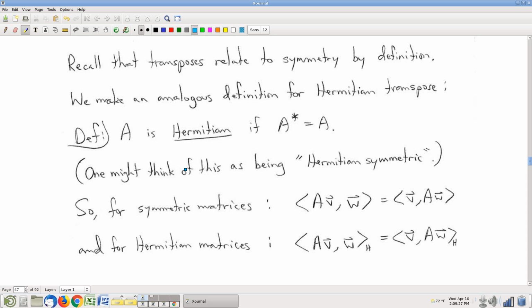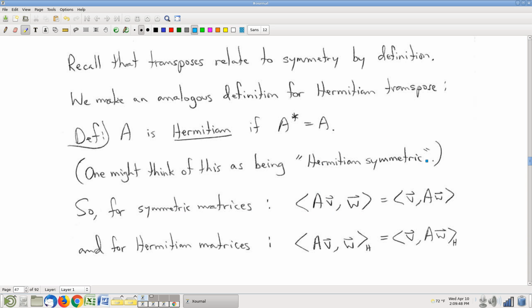Okay, so a couple of quick observations. Remember, if you have real dot products, a matrix factor on the left goes over to a matrix factor on the right, but you gotta transpose it. Well, wait a minute. If it's symmetric, then it is its own transpose, and therefore you don't have to do anything.